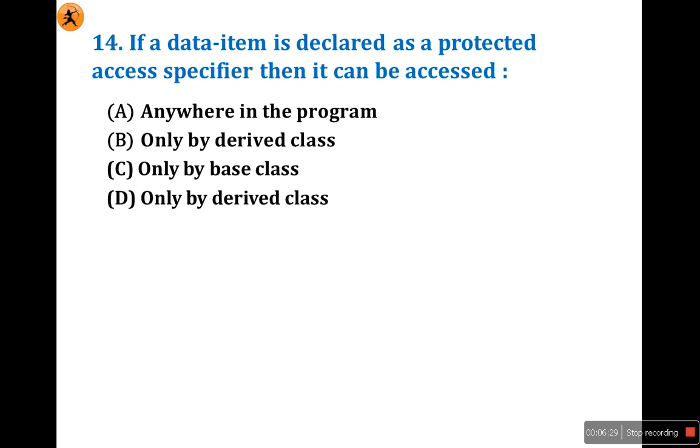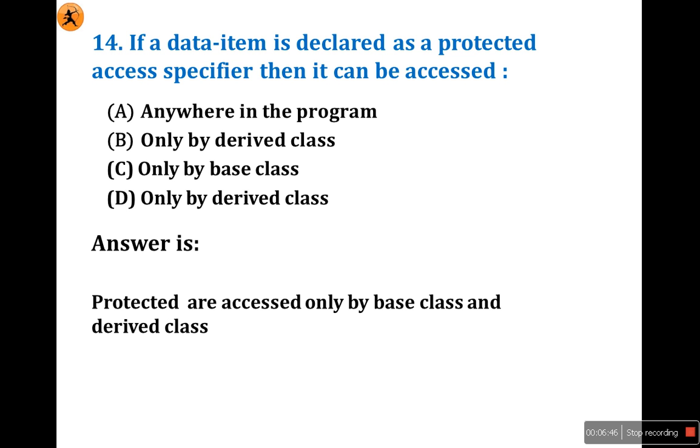So protected is accessed only in the base class and derived class. For this question, it is a direct answer from the definition of the protected access specifier. So the answer of this question is directly B.